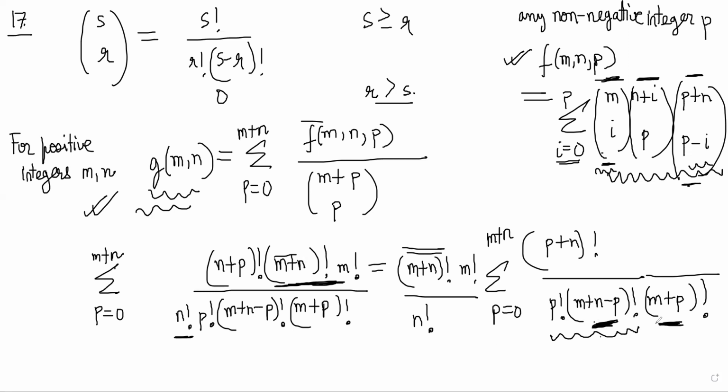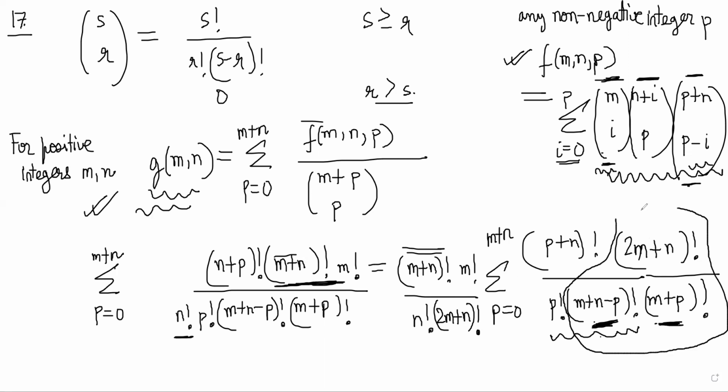If I want to combine this and this, what should I have on top? When I add these two, the addition is 2m plus n, right? So I need a 2m plus n factorial on top. I should put a 2m plus n factorial here, and notice that that is not affected by P. So these three terms will become 2m plus n C m plus P, right?